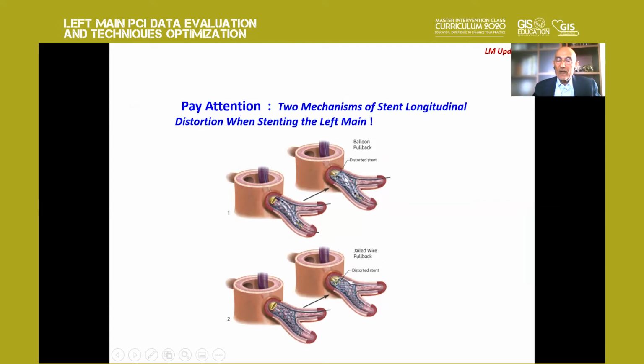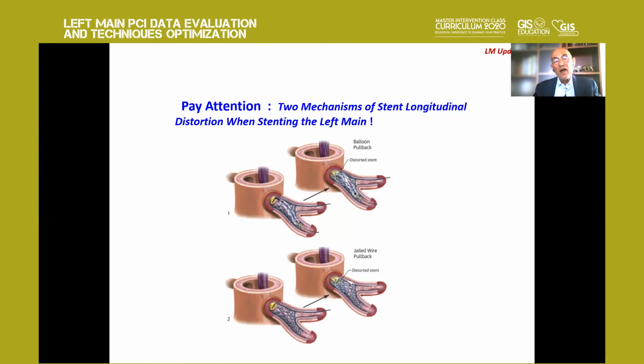Every time you are dealing with left main stenting, particularly when you are covering the whole left main with stent, another important complication can come up from longitudinal crush distortion of the stent, or crushing the stent longitudinally.